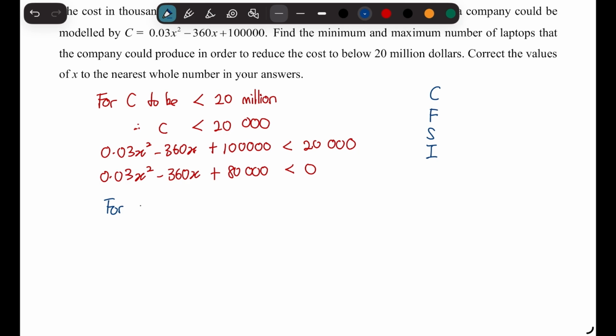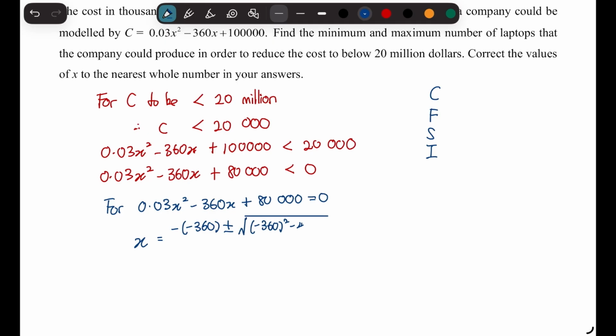For the quadratic equation 0.03x squared minus 360x plus 80,000 equals 0, x is equal to negative b plus minus square root of b squared minus 4ac, over 2a, 2 times 0.03.